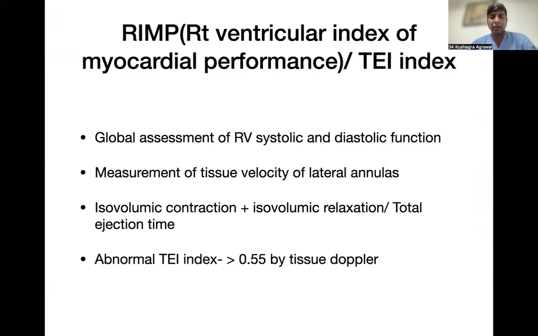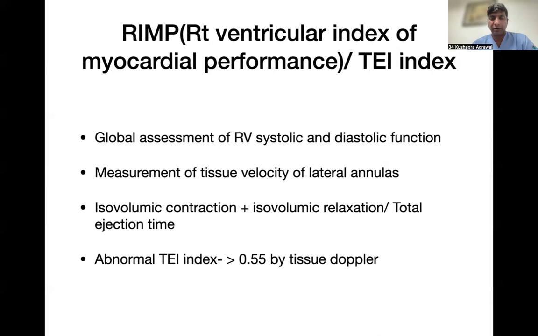Now a relatively complex but essential index, the right ventricular index of myocardial performance, or Tei index. Basically, the Tei index shows both systolic and diastolic dysfunction. To measure Tei or RIMP, we require tissue Doppler, or tissue velocity of the lateral annulus.